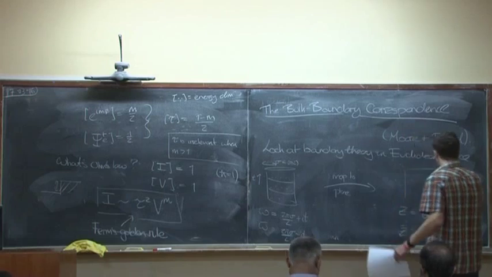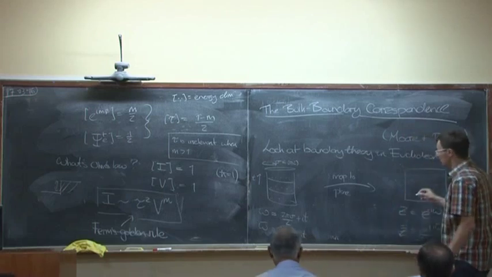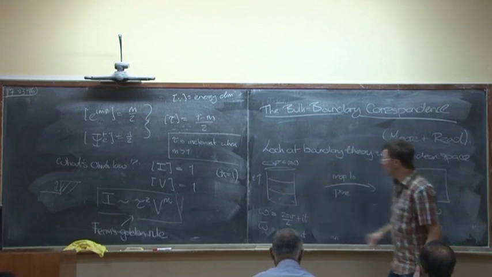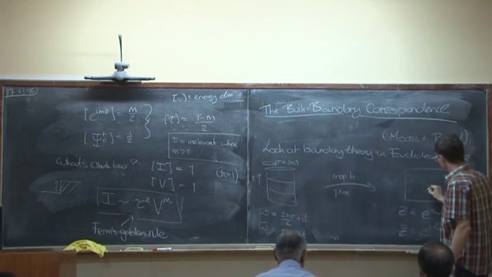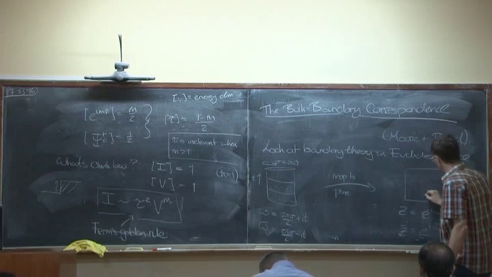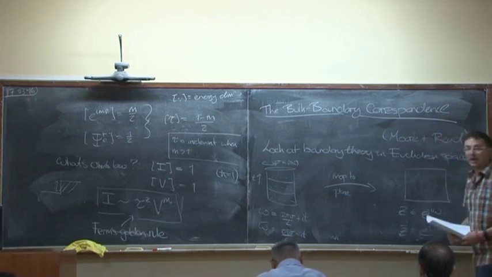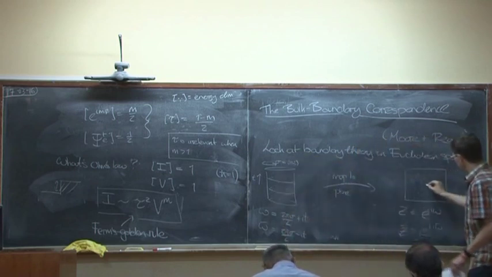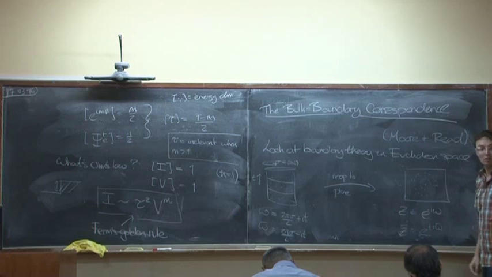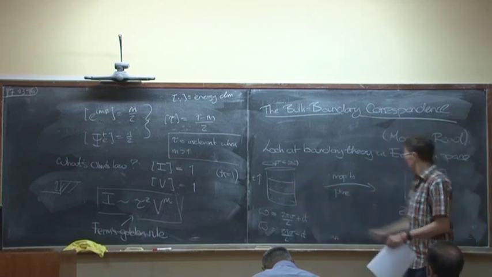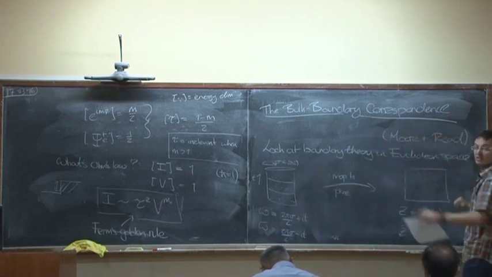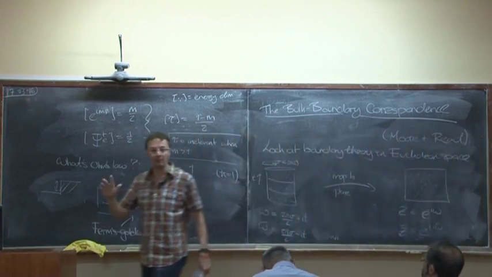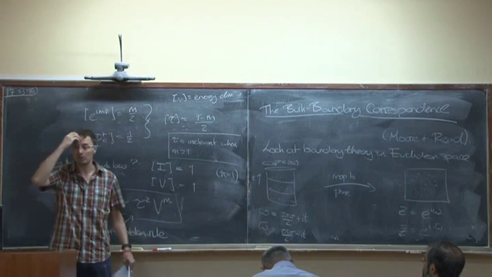If you think about what this does, it maps the cylinder to the plane such that these circles at constant time become concentric circles around the origin. In particular, the point at time equals minus infinity gets mapped to the origin, and then as you go up, you're going out to concentric circles. If you've done a little bit of conformal field theory, this is very familiar. This is what you use to prove the state-operator correspondence.